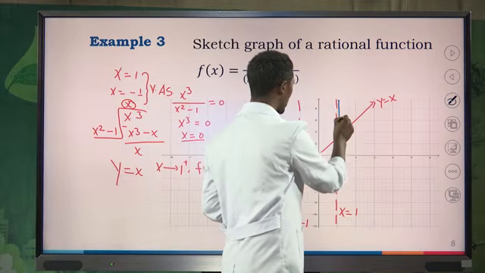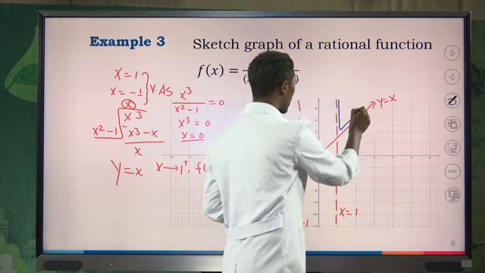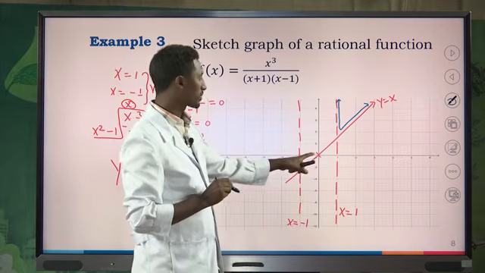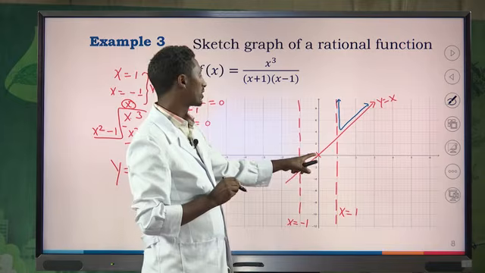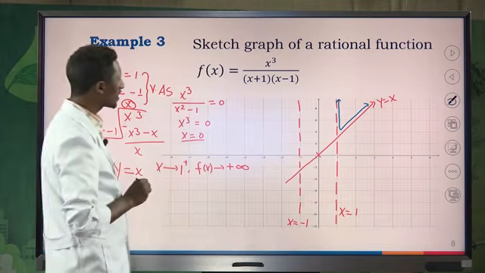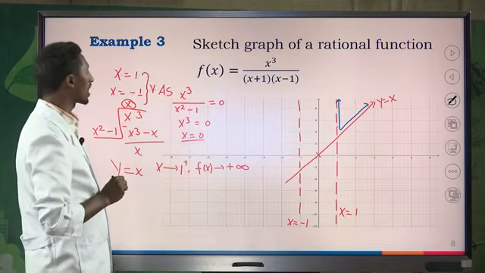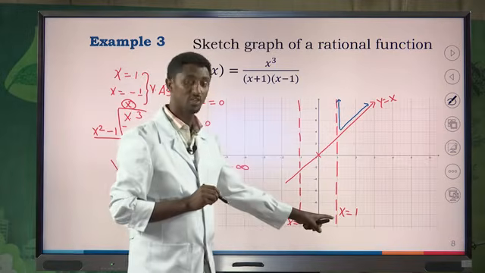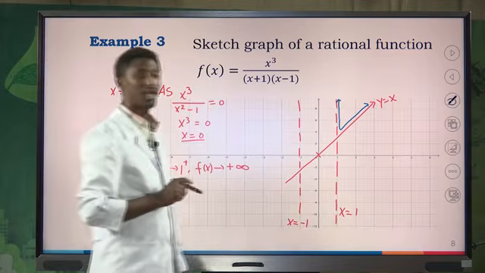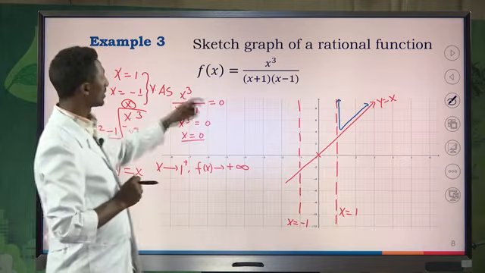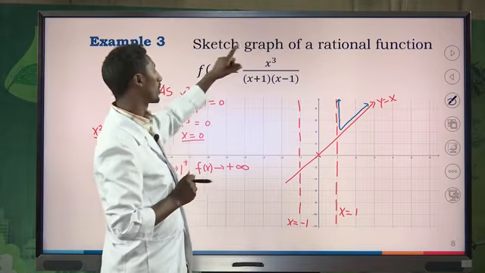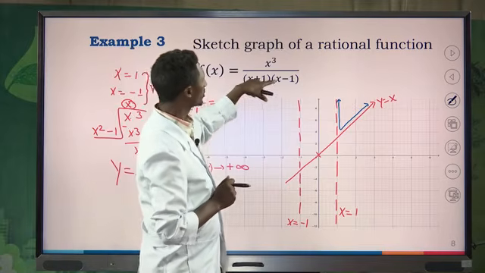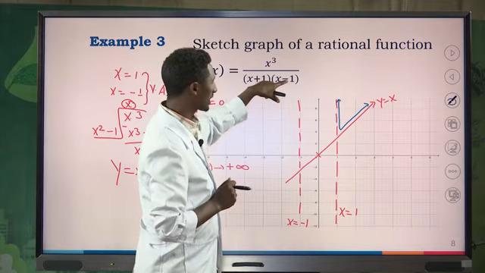So it will go in this direction and will go to this side, because only at this point will the graph cross the oblique asymptote. And similarly, as x gets closer to 1 from the left, let's take 0.9. 0.9 cubed is positive, 0.9 plus 1 is positive, 0.9 minus 1 is negative.